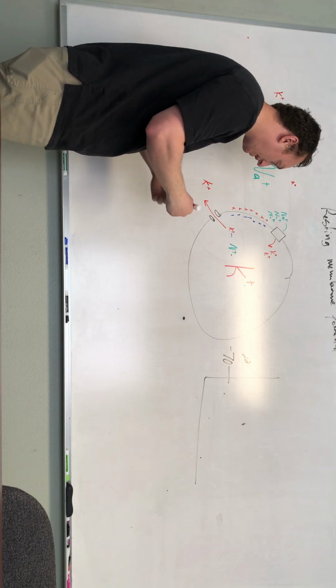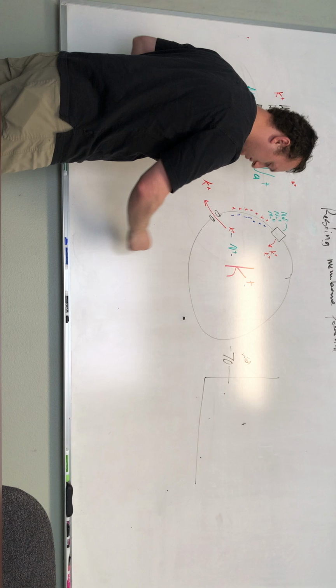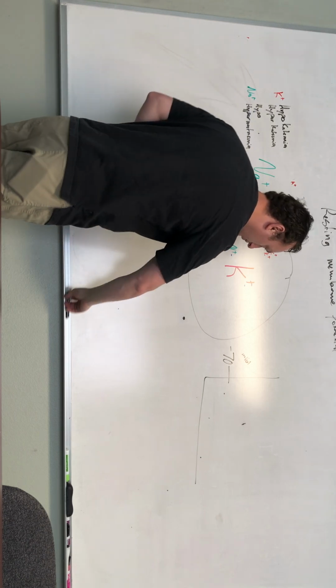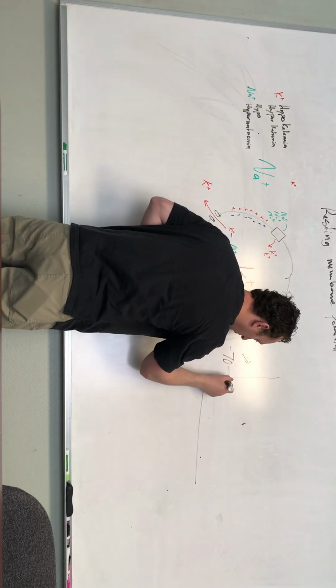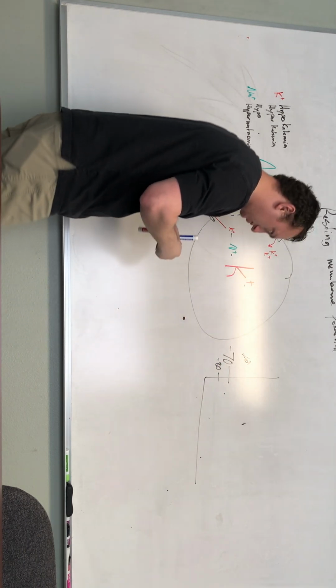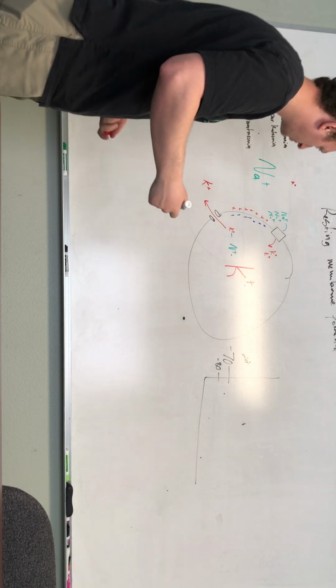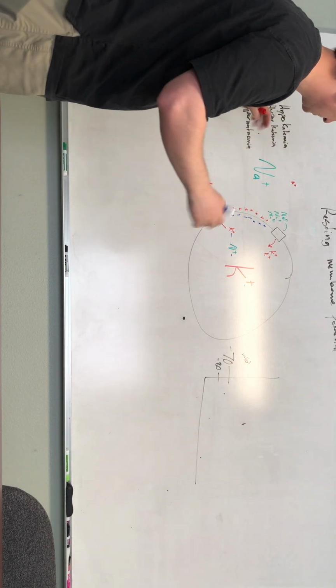That will actually drive the cell, because remember, it has to leave its counter charge. It has to leave that negative charge behind whenever it leaves. So you'll actually drive down the resting membrane potential, to negative 80. It might be less than that, it might be more than that, depending on the concentration.